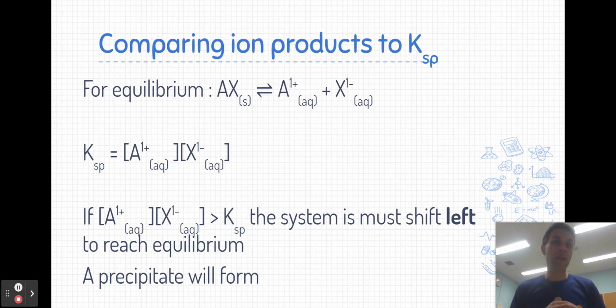If the product of those concentrations raised to their coefficients is greater than the KSP value, then the equilibrium system is going to shift left in order to reach equilibrium. Since the left side of this equation has a solid ionic compound, what's happening? A precipitate is forming. The ions are coming out of solution as the system shifts to the left.